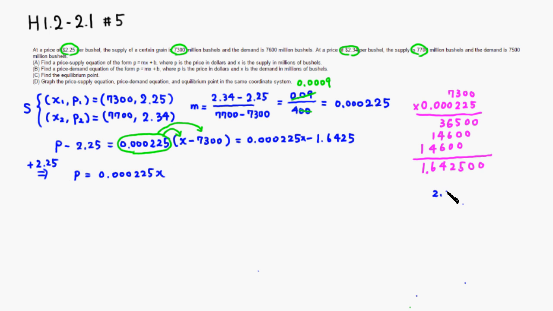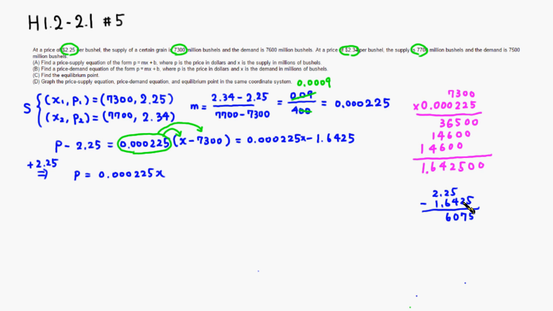So that's, 5 borrow 1, so it's going to be 9 minus 2, which is 7, and 4 minus 4 is 0, and borrow 1, so it's going to be 6.